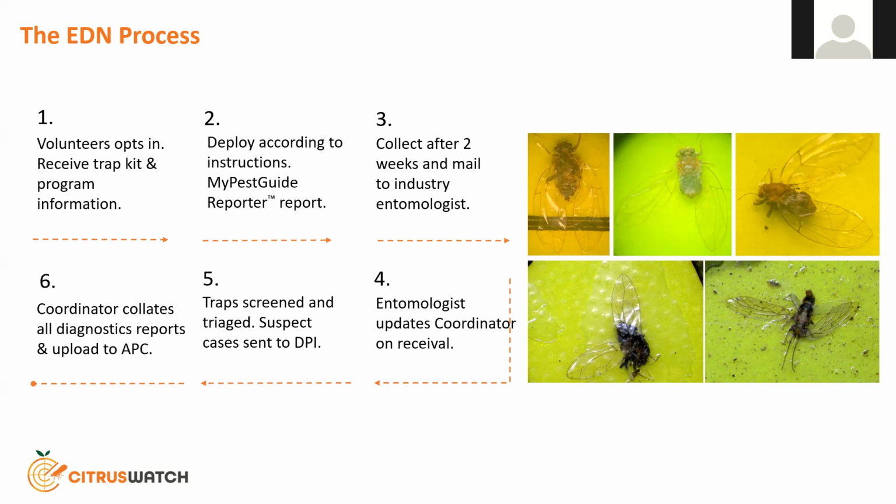Its primary purpose is to report exotic or suspected pests and diseases, and we use that as part of our trapping. Once you've deployed your trap and submitted your report, you leave it out on your tree for 2 weeks, and then you collect it and send it to one of our entomologists using the prepaid envelope provided in your kit.